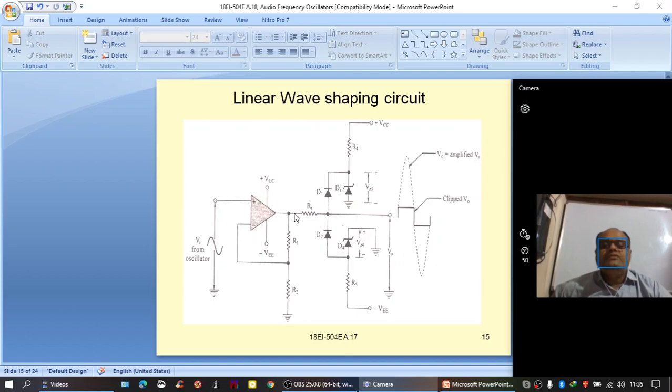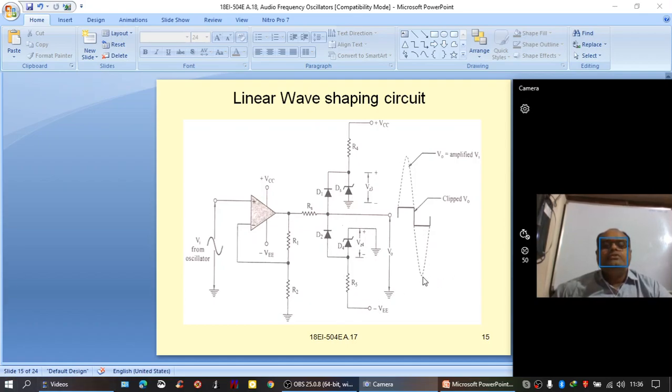When the output of the comparator goes low, once again a part of that voltage would be applied here, right? So during the entire negative half cycle, the output voltage remains the same, negative only.